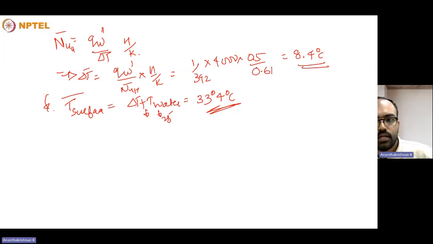So we check whether the flow is still turbulent. For that, we had an approximation with respect to the flux Rayleigh number, that the value was greater than 10 power 13.